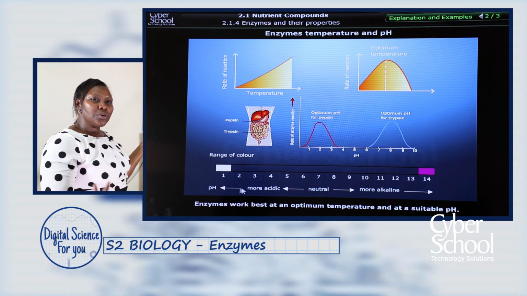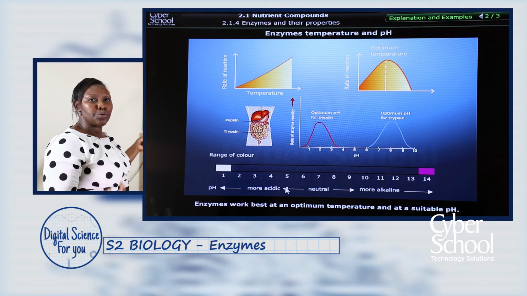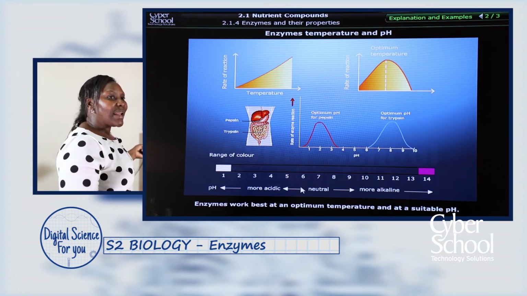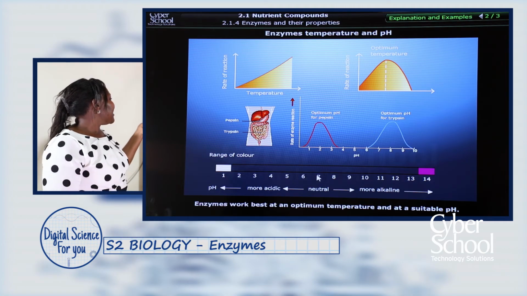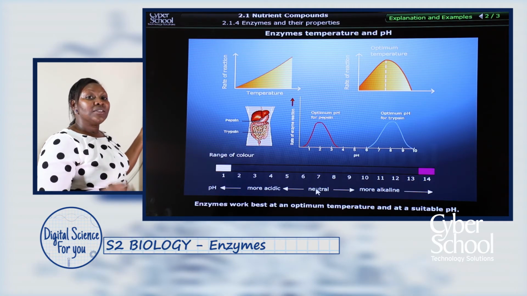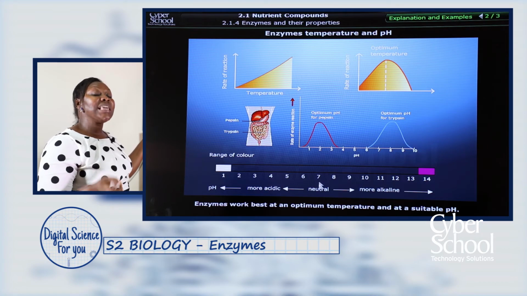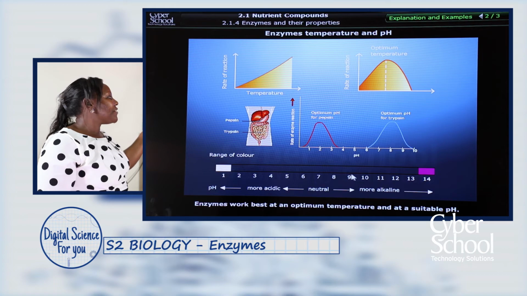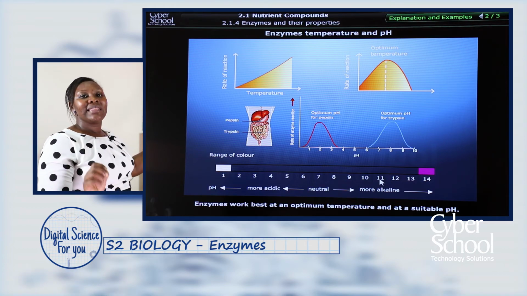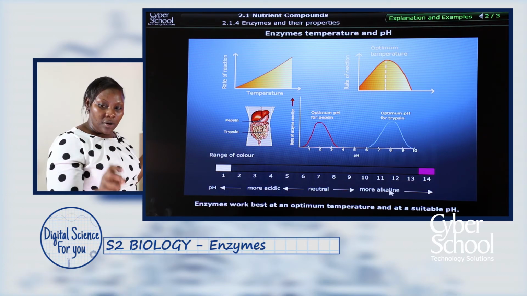So a solution with pH 1 or 2 or even 6.9 is acidic. If it is exactly 7, that is neutral. For example, pure water is neutral, neither acidic nor alkaline. Then above 7 all the way to 14, the pH is alkaline.